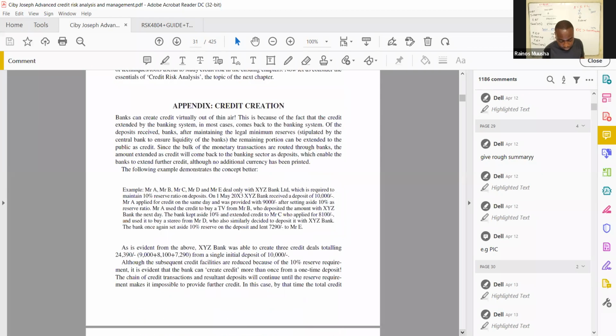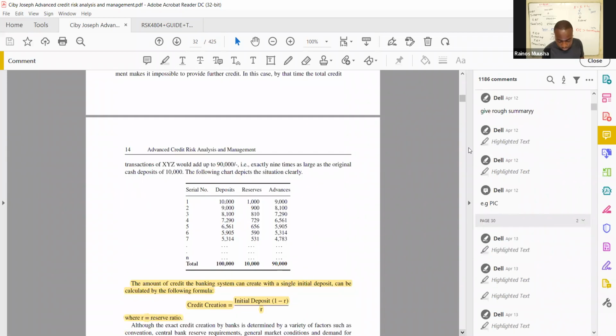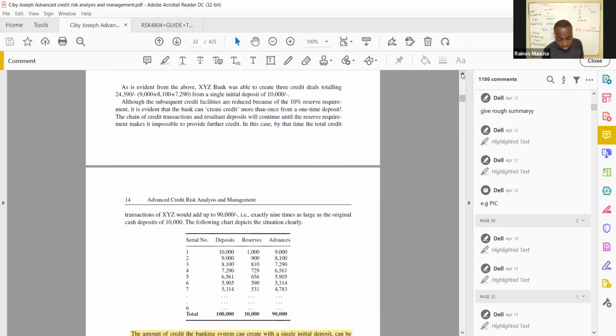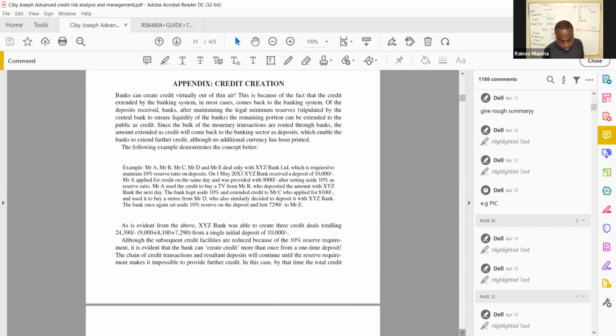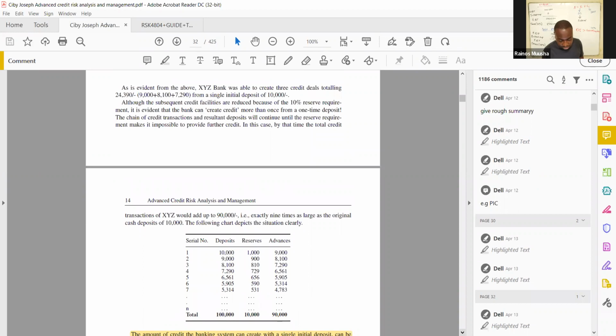Now, on the next section, which is the last section, we look at the appendix on credit creation. Here they give us a case study showing how credit is used to create even bigger credit advancements within the economic system.